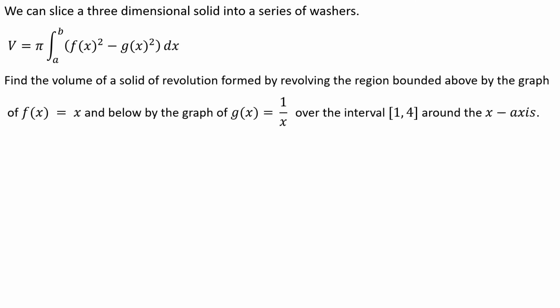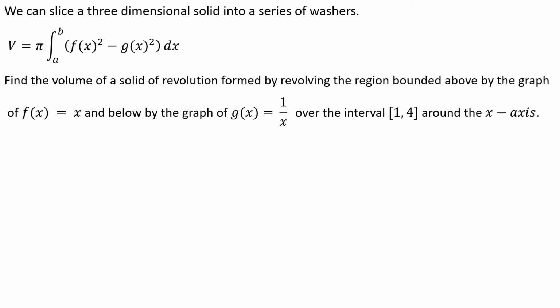So let's find the volume of a solid of revolution formed by revolving the region bounded above by the graph of f of x equals x and below, by the graph of g of x equals 1 over x, over the interval 1, 4 around the x-axis.